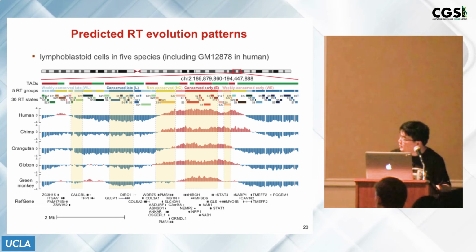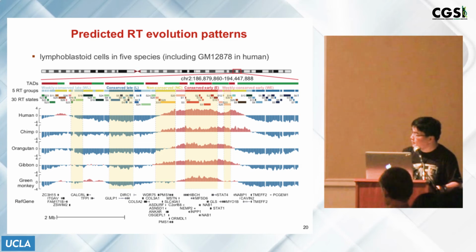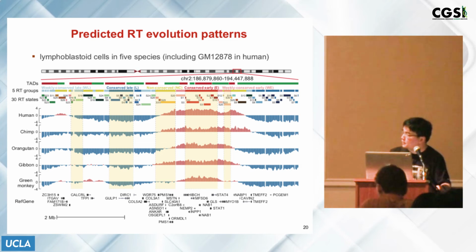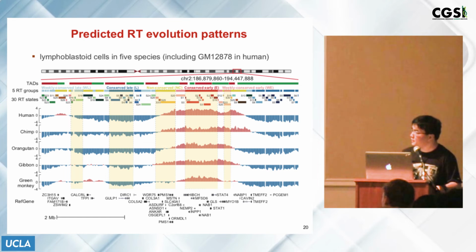And we ended up with 30 states of the replication timing. We can certainly have more states, but we feel like 30 is a good balance. Here, we separate them into conserved early, where across all these species they're all early, and conserved late.